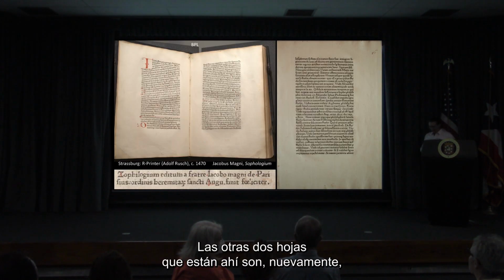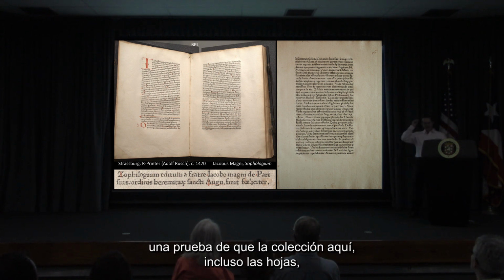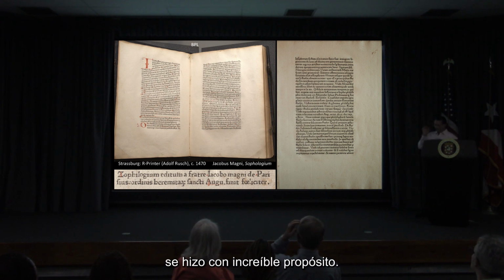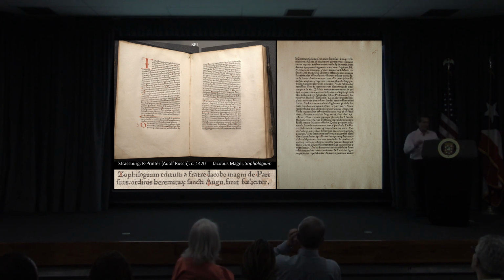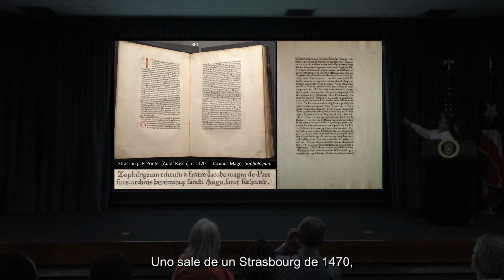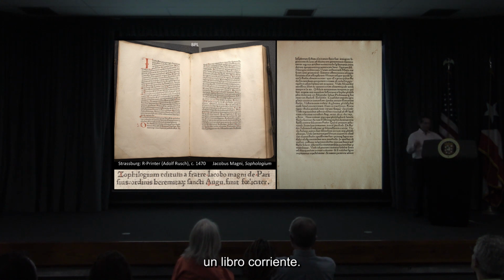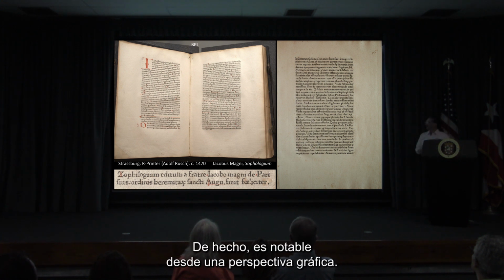The other 2 leaves that I have there are, again, proof that the collecting here, even of leaves, was done with incredible purpose. So one comes from Strasbourg, 1470, an unremarkable book. In fact, it is remarkable from a graphic perspective.